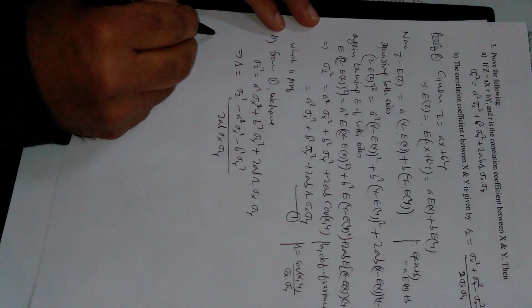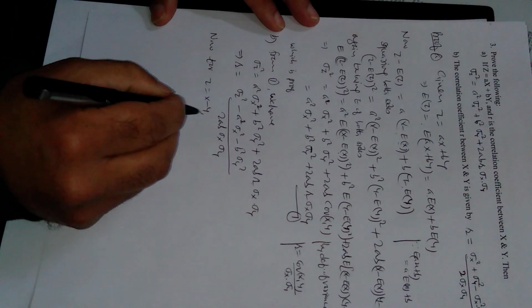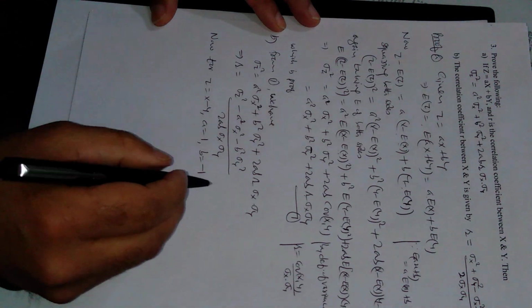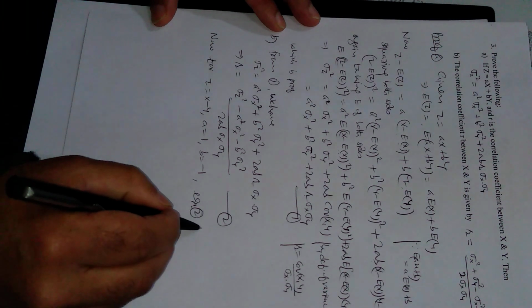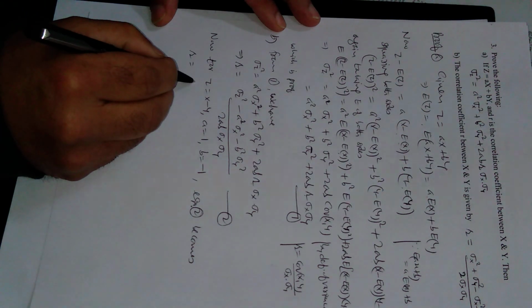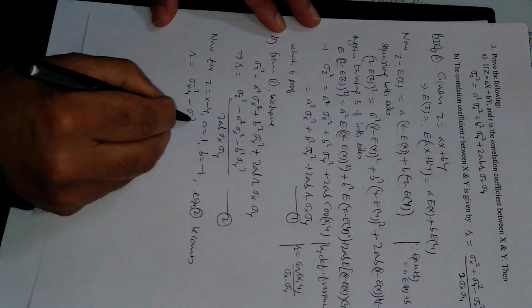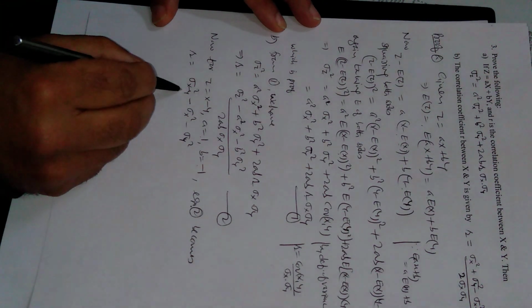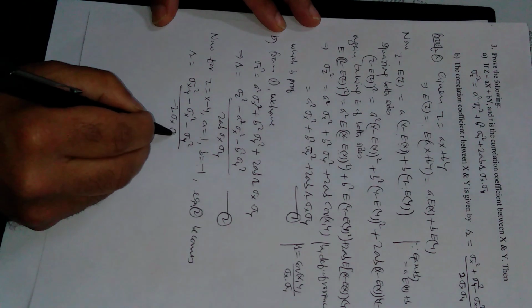Now for z equal to x minus y, a is equal to 1, b is equal to minus 1. Let us put this in equation 2. Equation 2 becomes: r will be equal to sigma of (x minus y) square, a square, 1 square is 1, so this is sigma x square, minus 1 square is 1, so this is sigma y square, variance with respect to y, whole divided by 2ab. b is negative, so this is minus 2 sigma x sigma y.